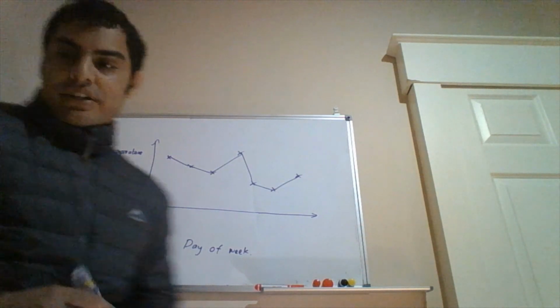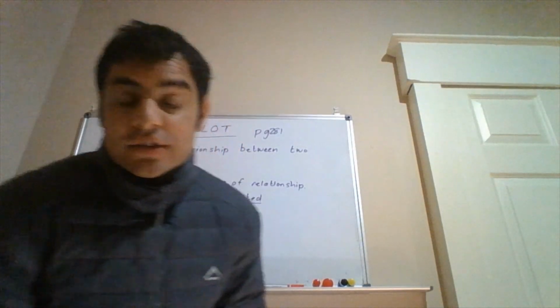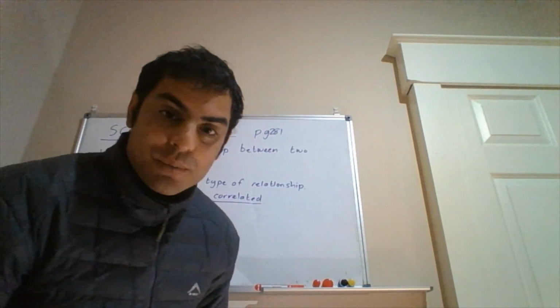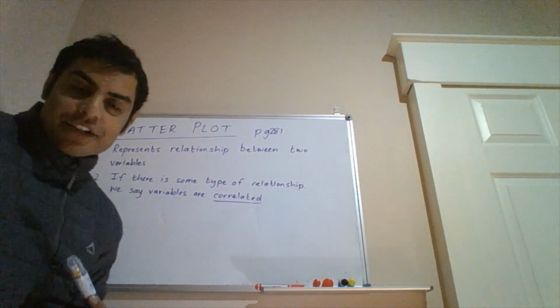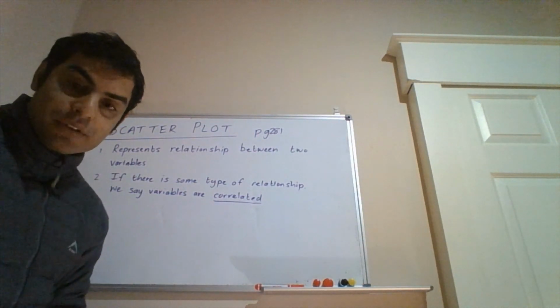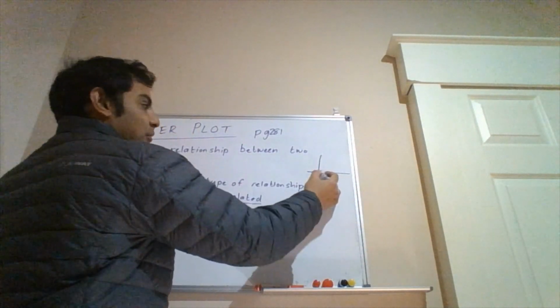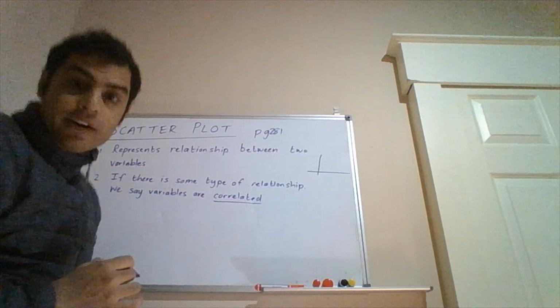So next up, we're going to look at the scatter plot. The theory on the scatter plot can be found on page 281. A scatter plot represents the relationship between two variables. On our scatter plot, we'll have one of the variables plotted on the horizontal and the other on the vertical.